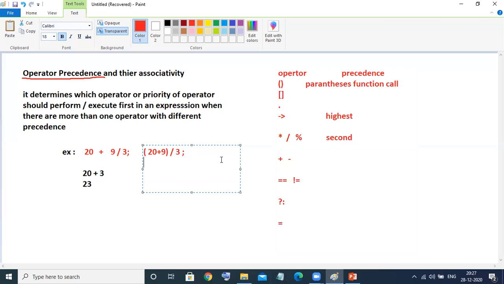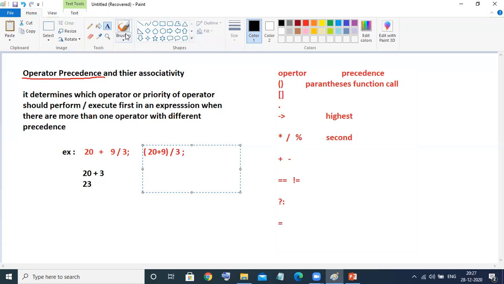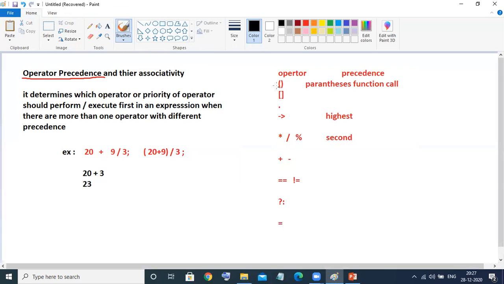Can you guess what the output would be now? Because the bracket has the highest precedence, whether it is a round bracket, square bracket, or whatever operators appear in your expression, they must be given the highest priority.